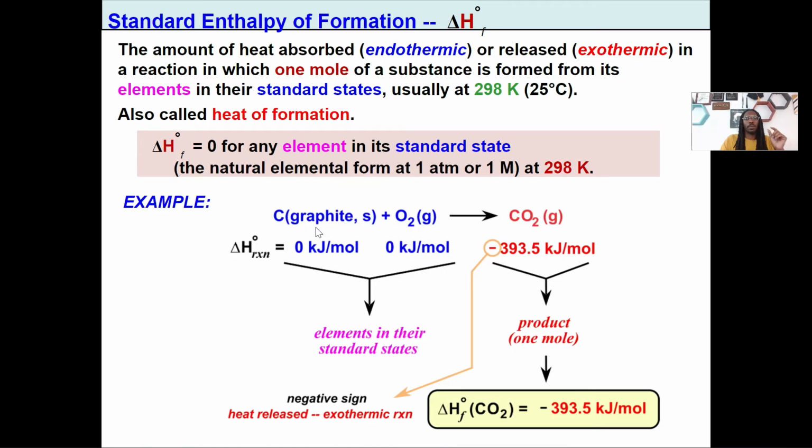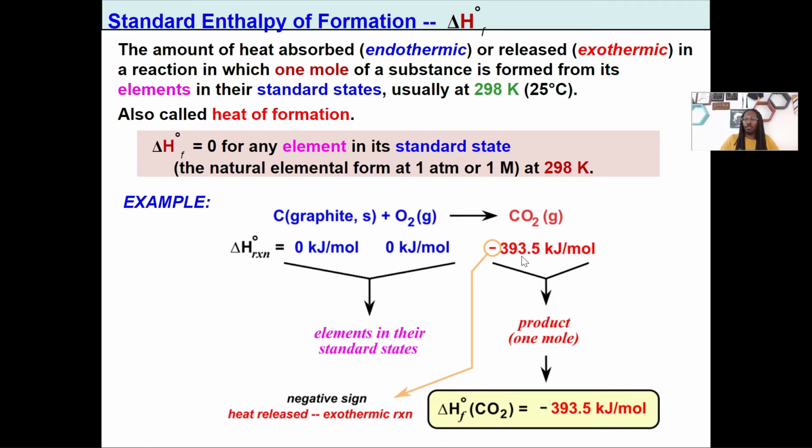So we look at examples. Say we have graphite reacting with oxygen to produce carbon dioxide. Because this carbon and oxygen are elements in their standard state, the enthalpy of formation for each will be 0 and 0. And our enthalpy for carbon dioxide is already defined, because we understand that this is enthalpy of formation.